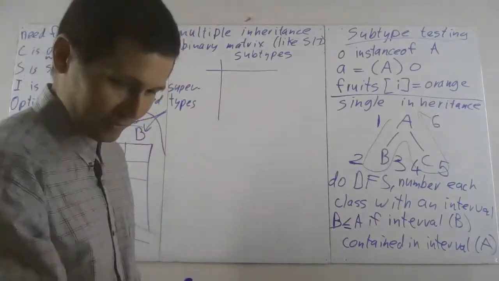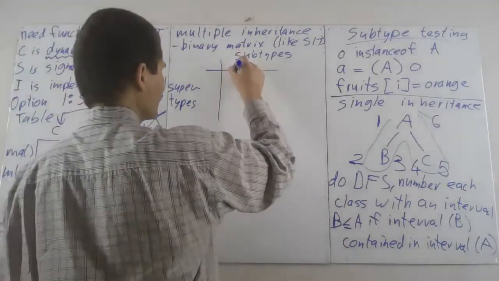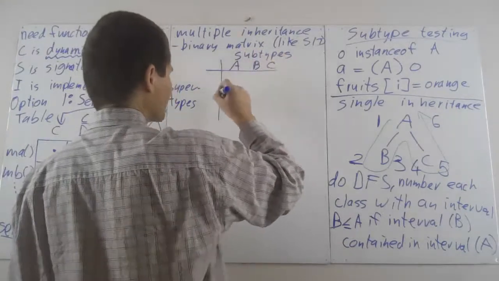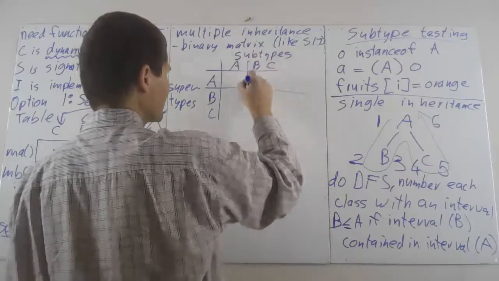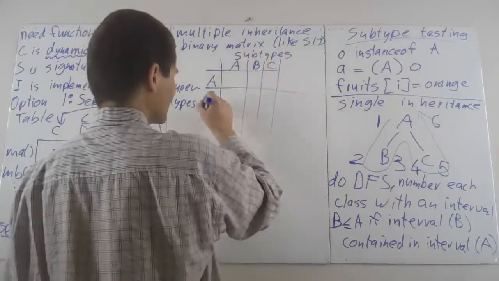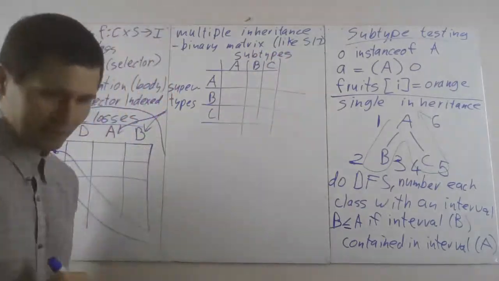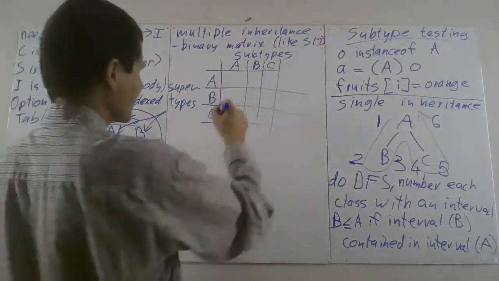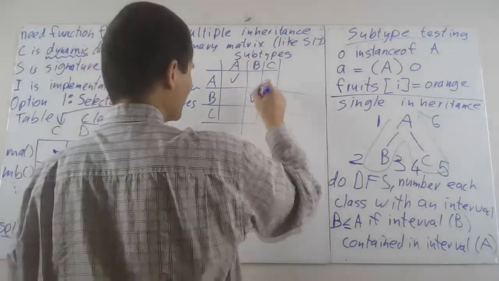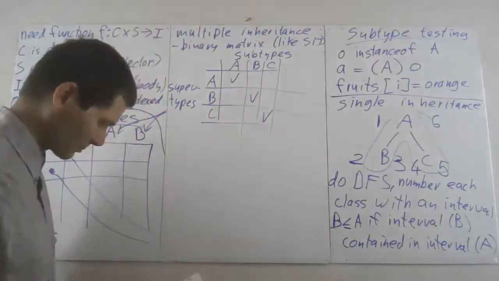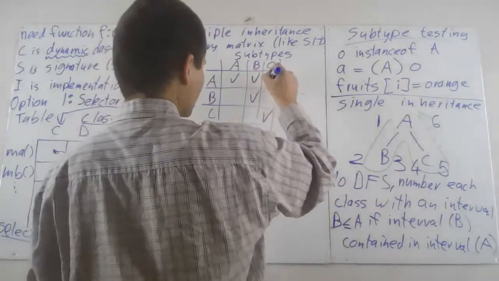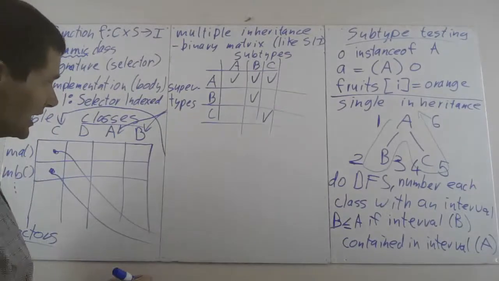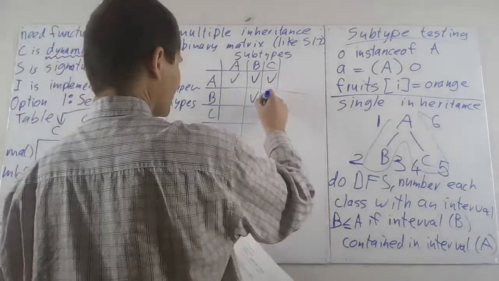Okay, and I just go through all my classes. I've got A, B, and C, and I've got A, B, and C. So A is a subtype of A, B is a subtype of B, and C is a subtype of C, and then both B and C are subtypes of A, and that's it, right? Everything else is X.